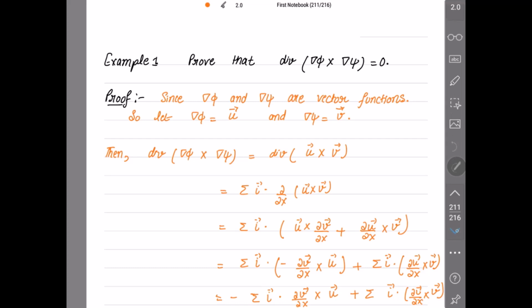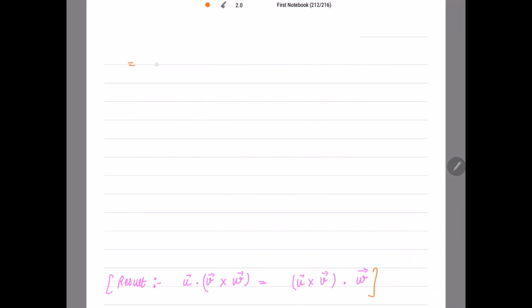Just match the result. So this is equal to minus summation i cross curly v over curly x, its dot product with the remaining v vector, plus summation i cross curly u over curly x, its dot product with the remaining vector v. Right?